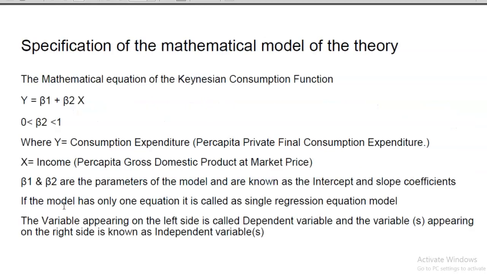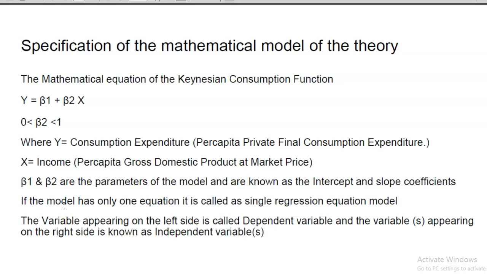The next step is that we transform this theory into a mathematical model. The mathematical model is y equals beta 1 plus beta 2 x, where y is the consumption expenditure. In our example, I have taken data from the RBI website: per capita private final consumption expenditure, and to measure income, per capita GDP at market price.